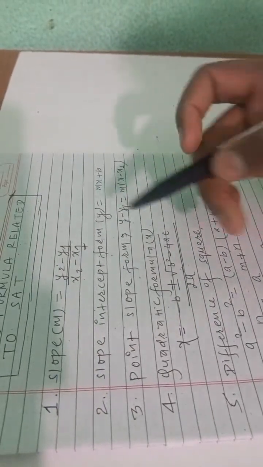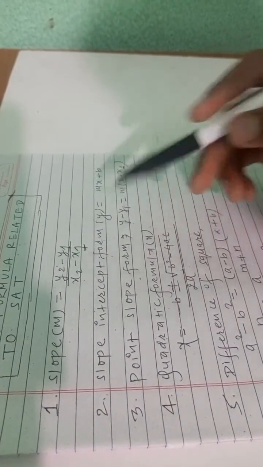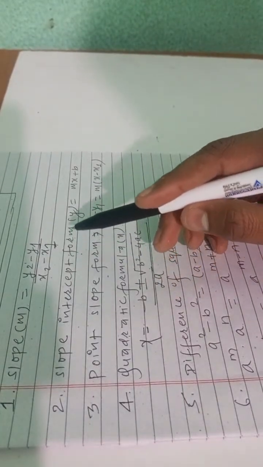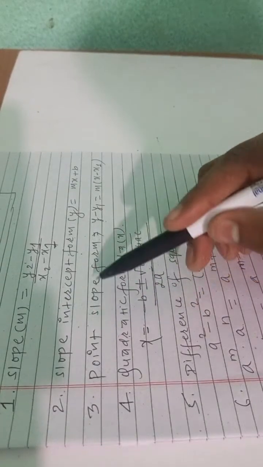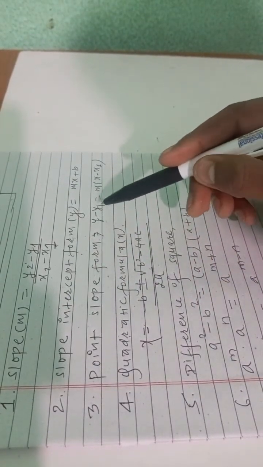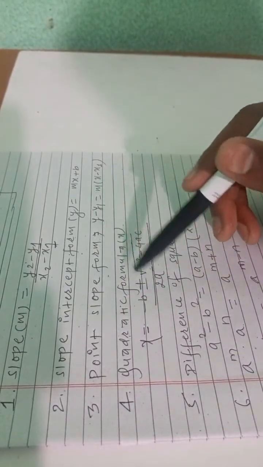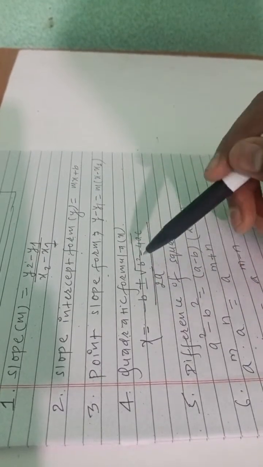Up to 8 we have discussed these formulas. First, slope: y2 minus y1 divided by x2 minus x1. Second, slope intercept form: y is equal to mx plus b. Third, point slope form: y minus y1 is equal to m times x minus x1. Fourth, the quadratic formula: x is equal to minus b plus or minus root of b square minus 4ac, divided by 2a.